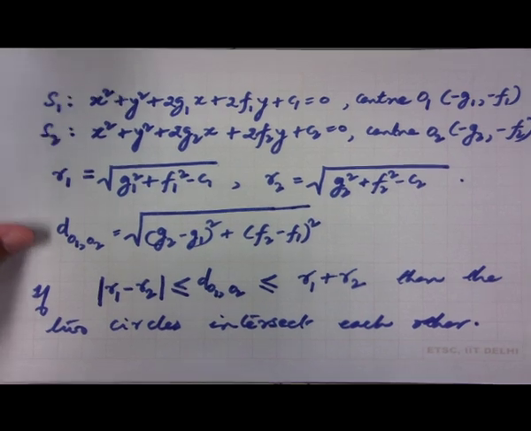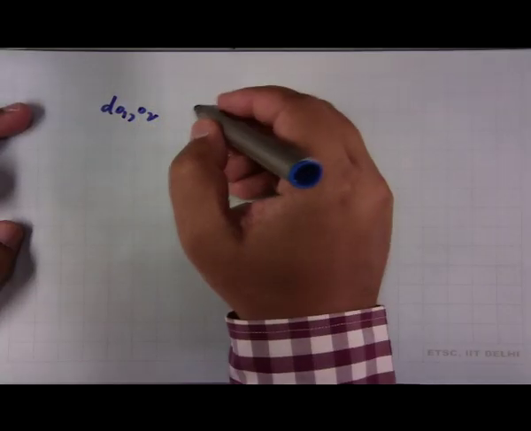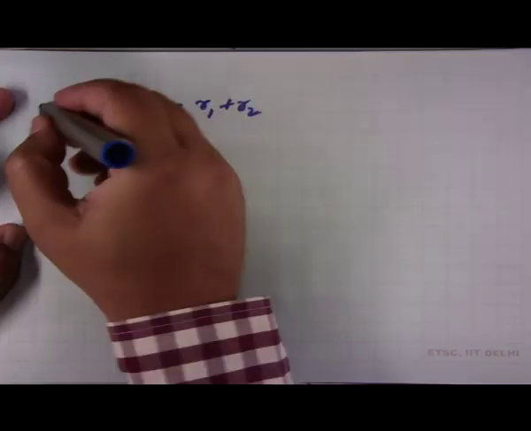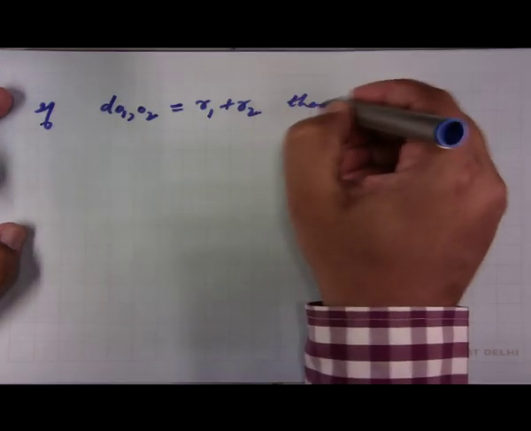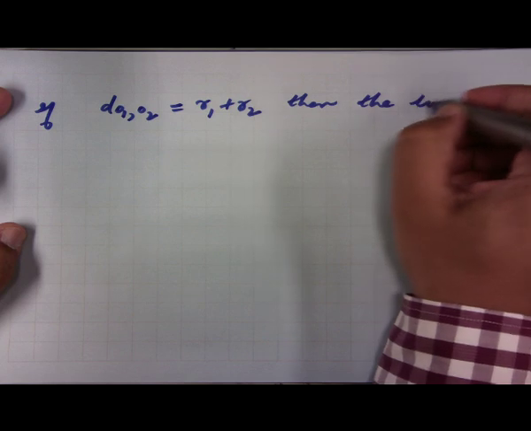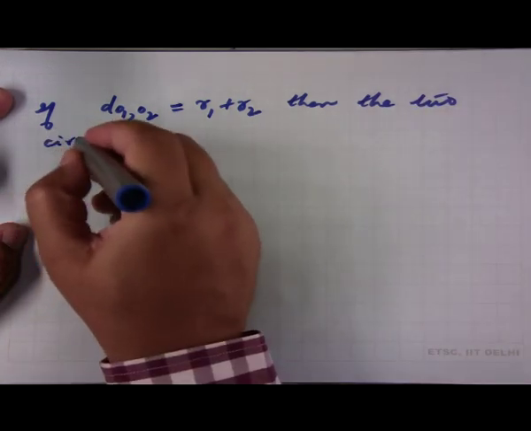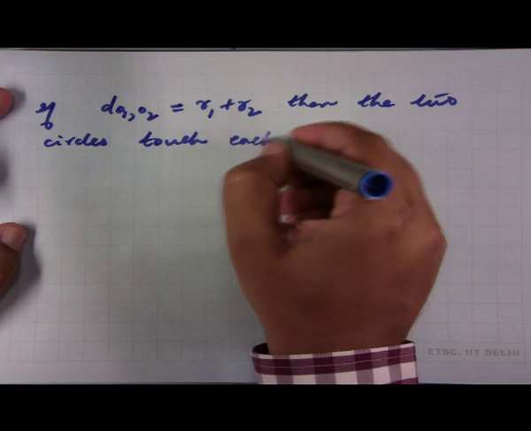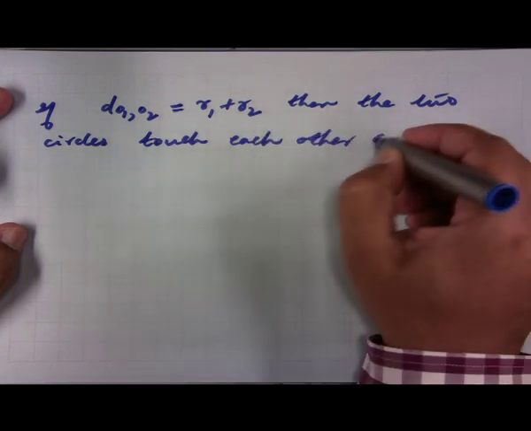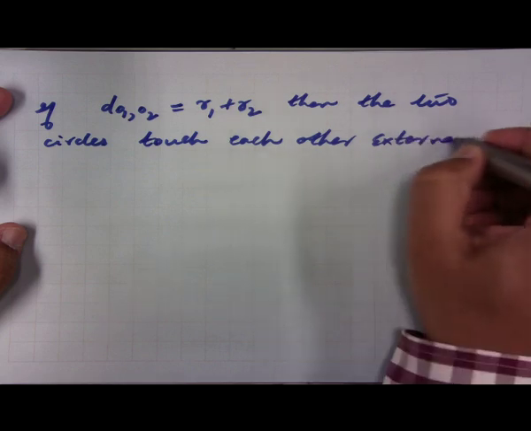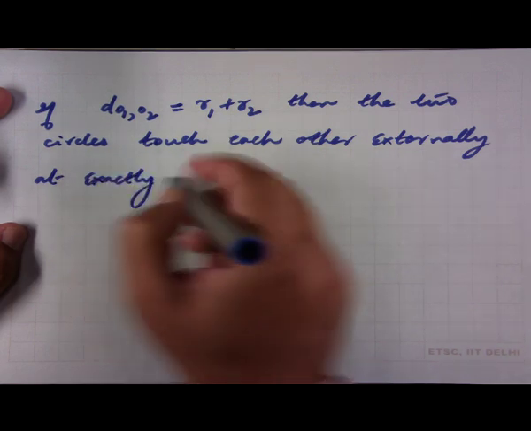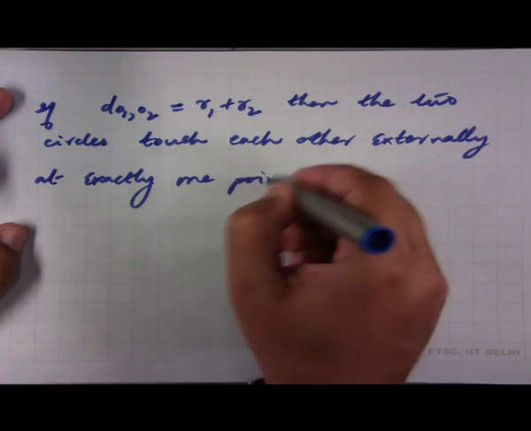We also said that if d(O1O2), the distance between the centers, is equal to R1 plus R2, then the two circles touch each other externally at exactly one point.